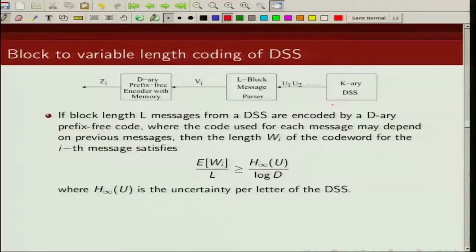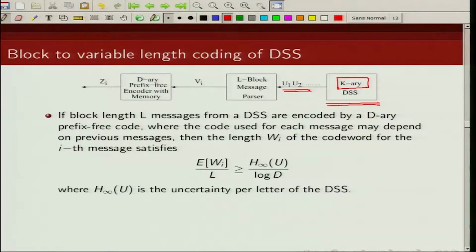So this problem statement is as follows. We have a discrete stationary source. This is a k-ary source, so it emits k possible outcomes. So these Uis are coming from this discrete stationary source.